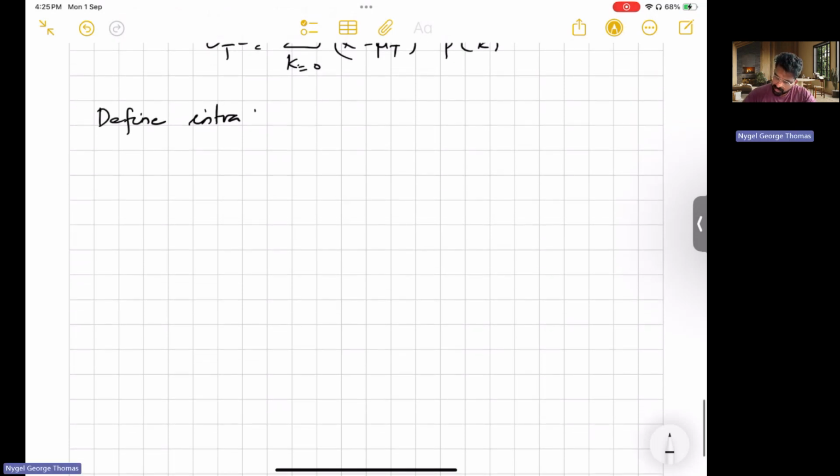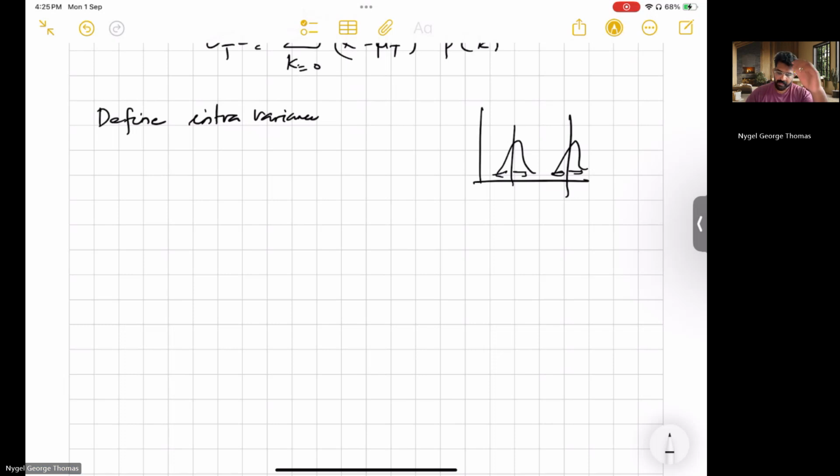So we define something known as intra-class variance. Suppose we have two classes. Let's say this is the mean of this class and this is the mean of this class, and these are the variances. This is class 0 and this is class 1, and you're just using a threshold T. Within class variance is how much variance we have within a particular class.